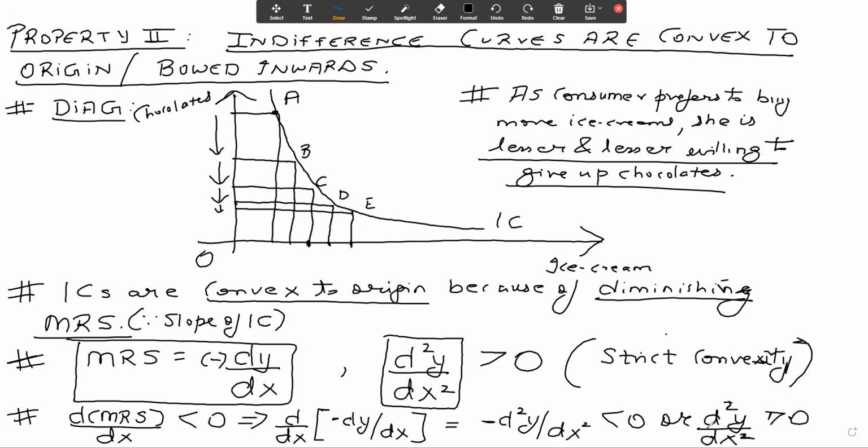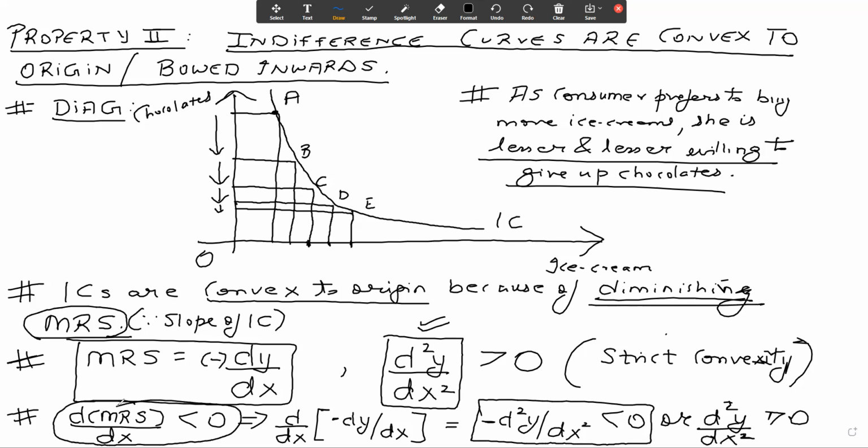It's the same thing. Whether I say that d square y by dx square is greater than 0, or that minus of d square y by dx square is less than 0, both mean the same thing. When I say there is diminishing MRS, it means that dMRS by dx is less than 0.